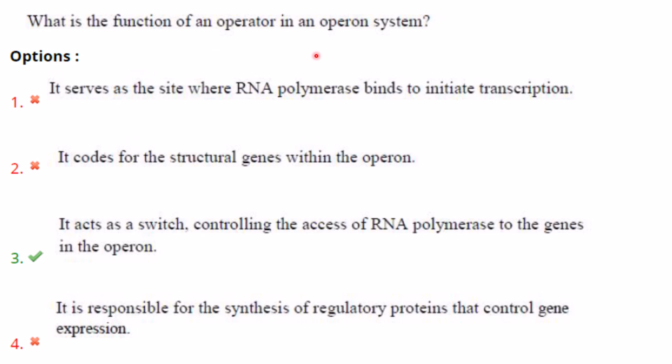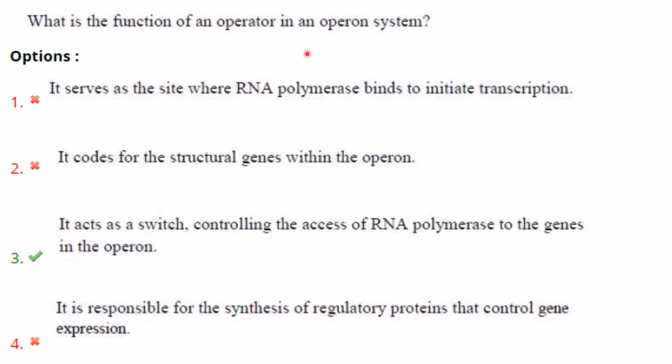Then what is the function of an operator in an operon system? The operator is a DNA sequence to which your repressor will bind. Once the repressor is bound to the operator, it will block RNA polymerase from binding to the promoter. So with RNA polymerase not bound, the operon structural proteins will not be synthesized.